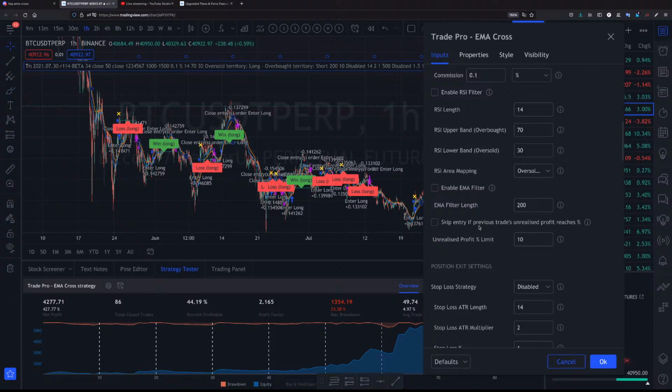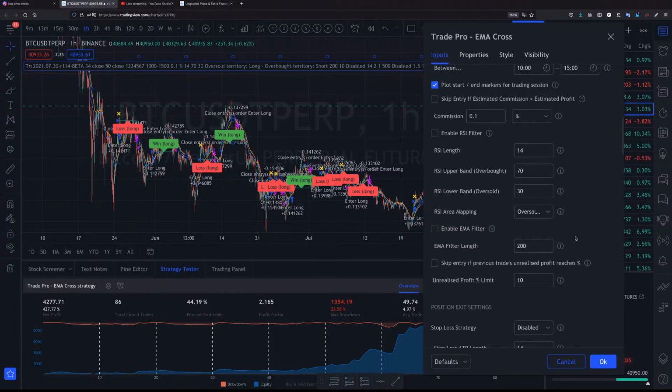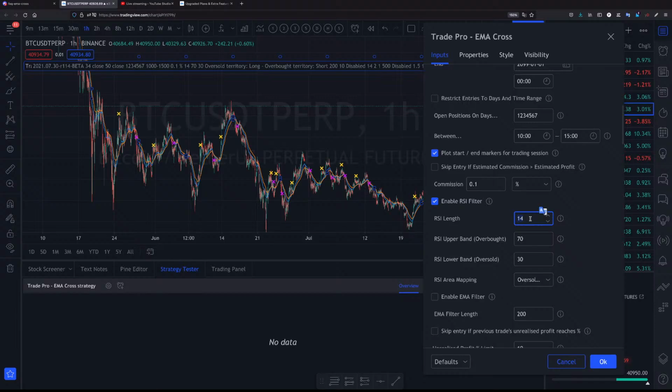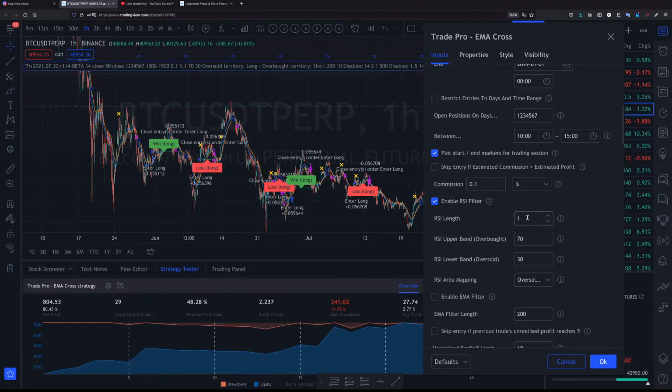Skip entry if previous trade's unrealized profit reaches... No, thank you. Let's see if we use this and make this one. Yeah. Well, we get much less profit as well, but our drawdown is much lower too.